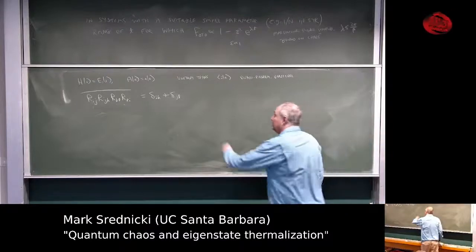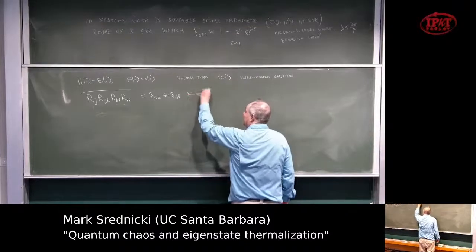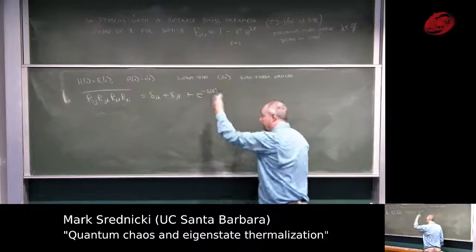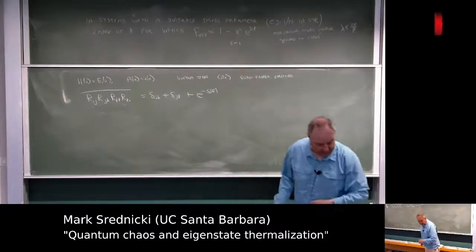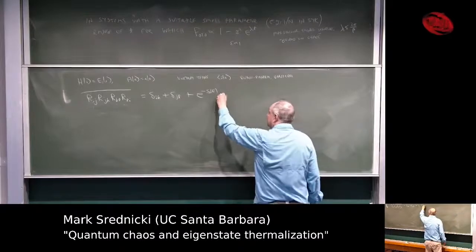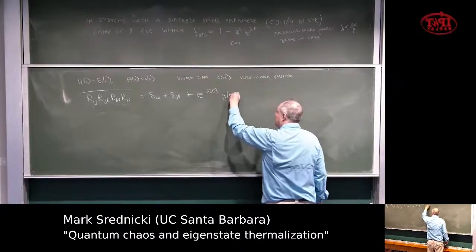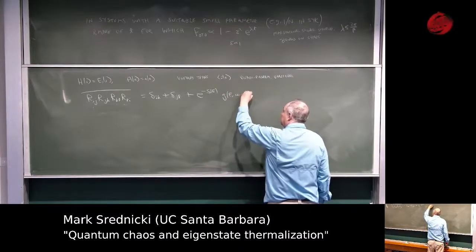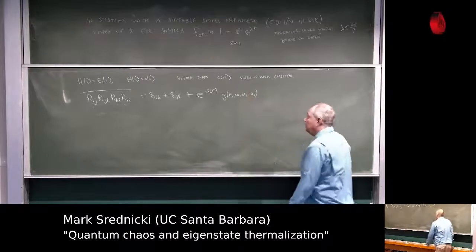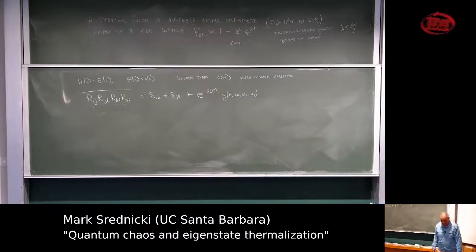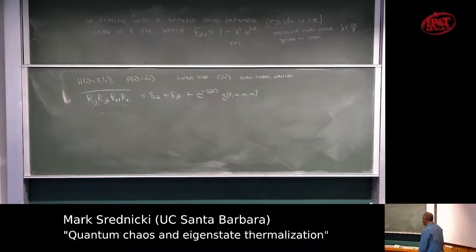So what they said you should do in this case, and they actually give a much more general prescription, but I will write it down for this case, is that there should be an additional exponentially small correction.